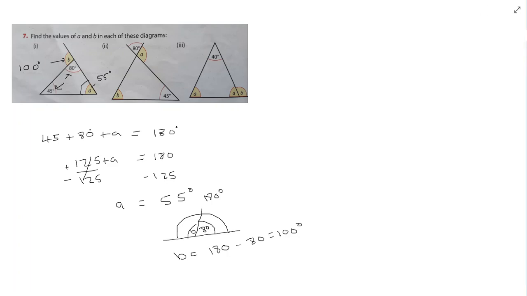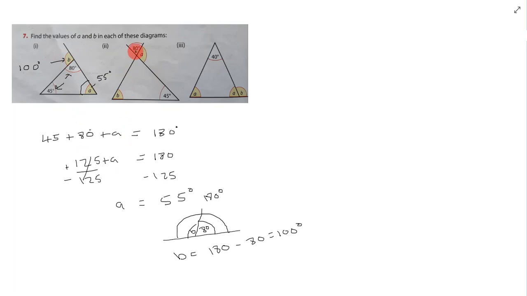And the reason it's 100 degrees is because if you take this angle here and this angle here, both of them together are 180 degrees. Remember, you have a straight line, and it forms an angle of 180 degrees. But 80 of those degrees are taken up by this angle, so the remaining 100 goes into this angle here. So that's how you do that one.